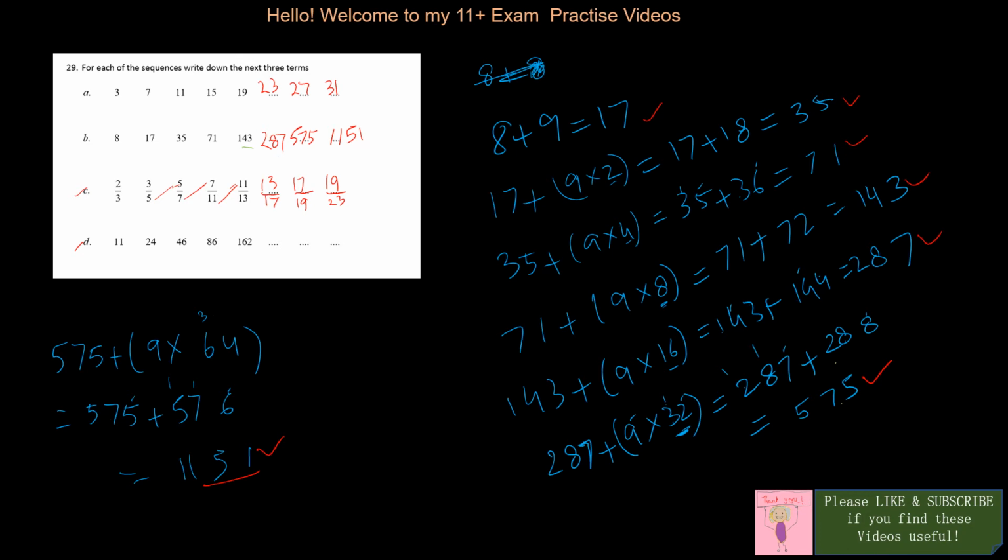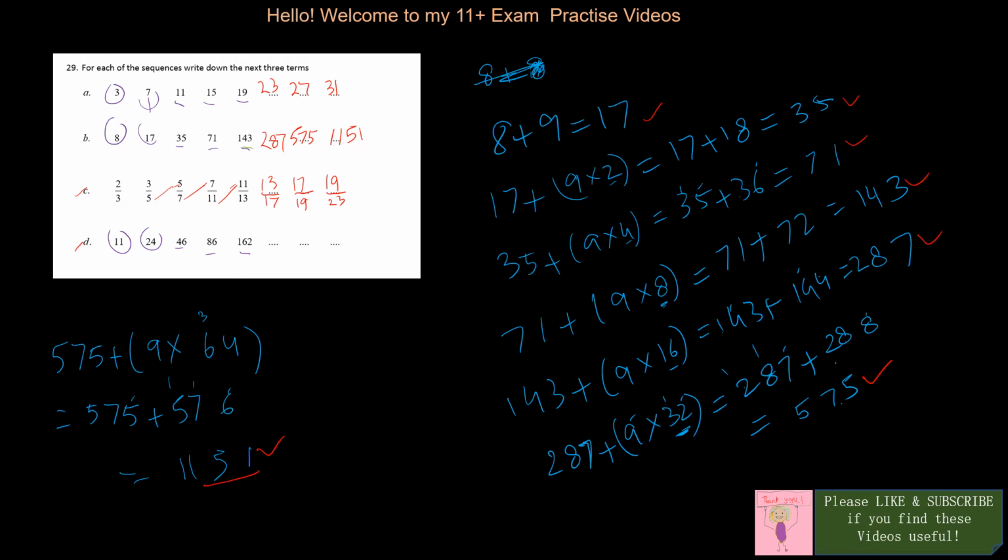So it is 3 plus 8 is 11. 7 plus 17 is 24. 11 plus 35 is 46. 15 plus 71 is 86. 19 plus 143 is 162.